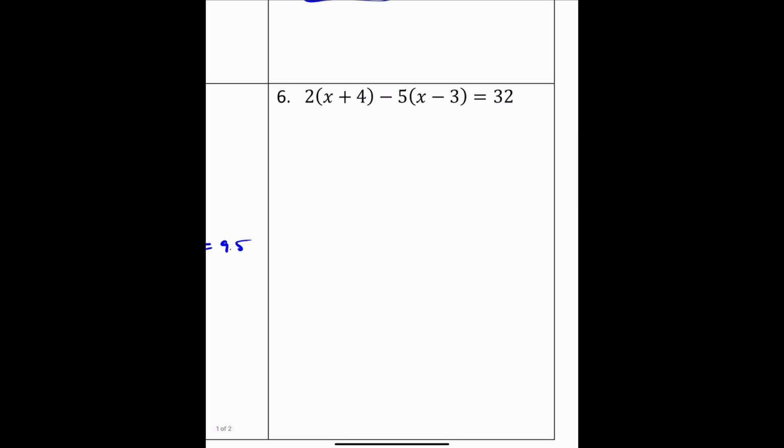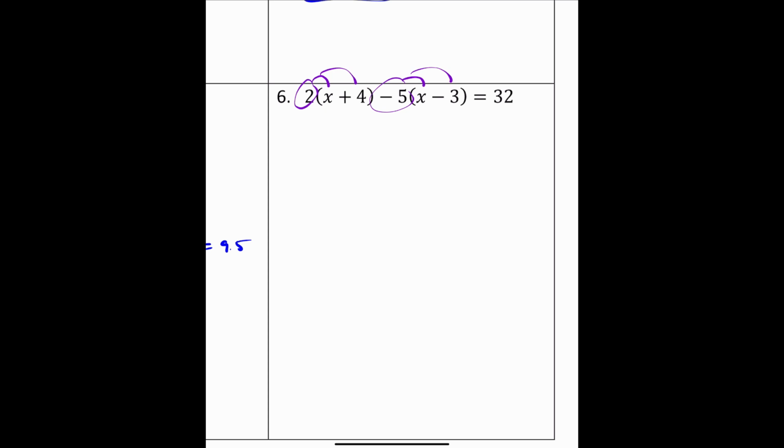Number 6, we have 2 times the quantity of x plus 4 minus 5 times the quantity of x minus 3 is equal to 32. So I'm going to go ahead and distribute the 2 to each term inside of this parentheses. And then we have a negative 5. I don't want to circle just 5. Since there's a negative sign, let's go ahead and include that and then distribute to each term inside of this parentheses.